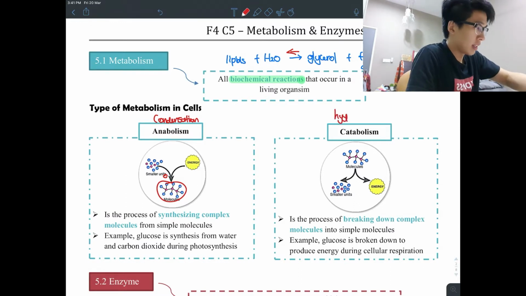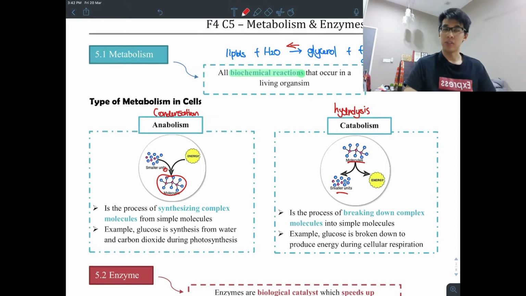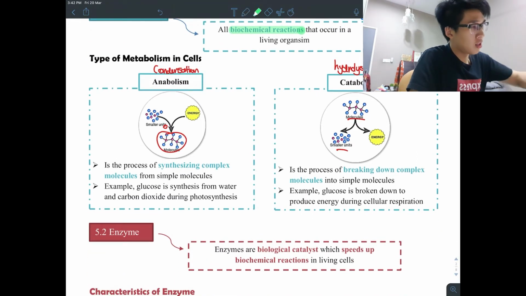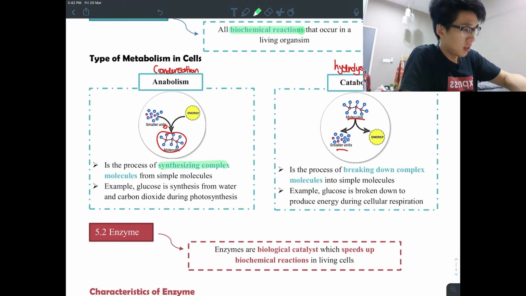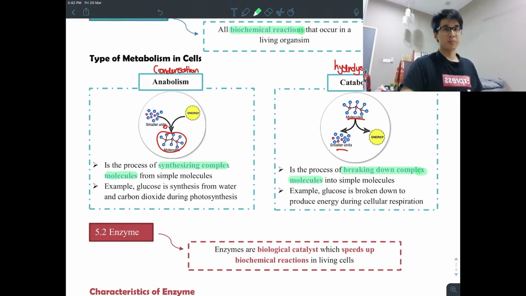An example of catabolism is hydrolysis, whereby I take a large molecule and break it down into smaller units. It's already explained here. Anabolism is the process of synthesizing complex molecules, and catabolism is the process of breaking down complex molecules. One is formed by condensation, one is a breakdown just like hydrolysis.